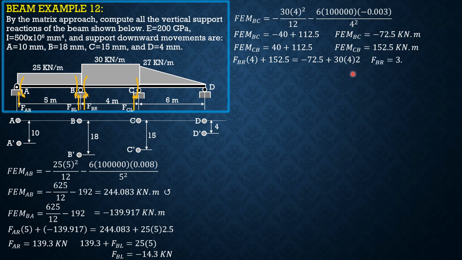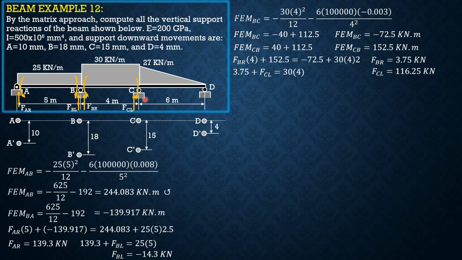So FB right is equal to 3.75 kilonewton. Summation of forces Y equals 0: 3.75 plus FC left equals 30 times 4. So FC left is equal to 116.25 kilonewton. So these are fixed forces to be added after we compute the nodal global displacements.